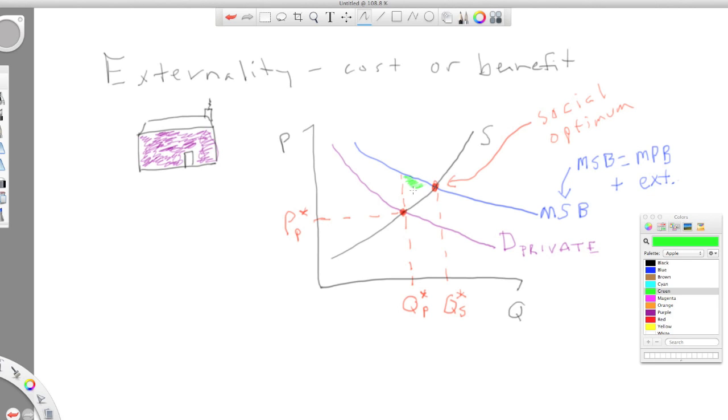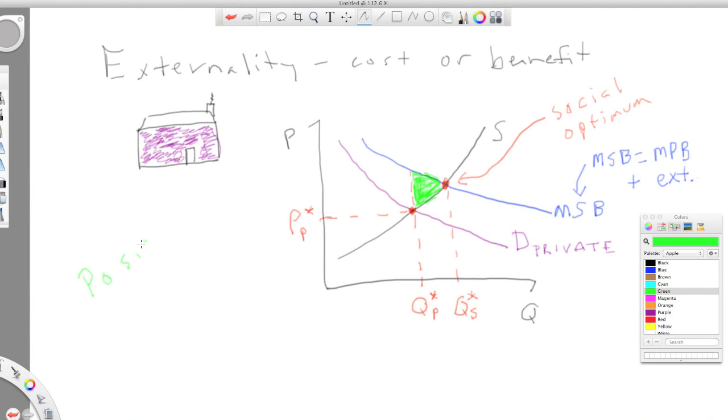So we're not able to capture all of these benefits, and so we end up with a loss of economic welfare, a loss of surplus, a loss of efficiency. So that's the case of a positive externality that we've drawn here. That's one where there's a benefit that does not get completely captured. And in just a moment, I will clear off the screen here and tell you the same story with regards to a negative externality.